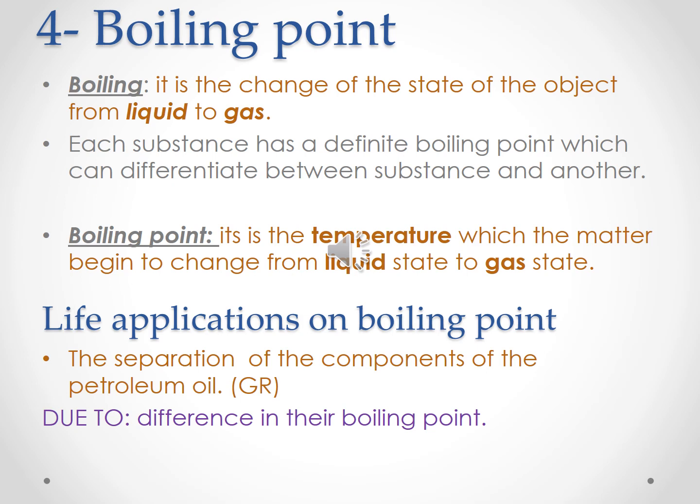At 100 degrees Celsius, the water begins to change into water vapor. So 100 degrees Celsius is called the boiling point. The point at which the water boils and begins to change into another state, the gas state.